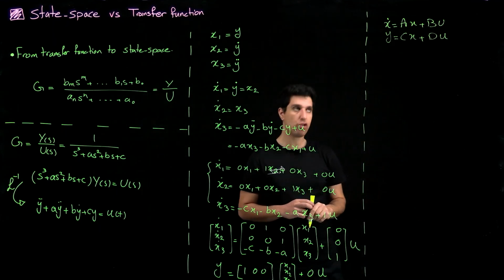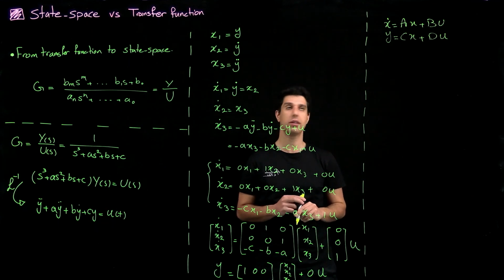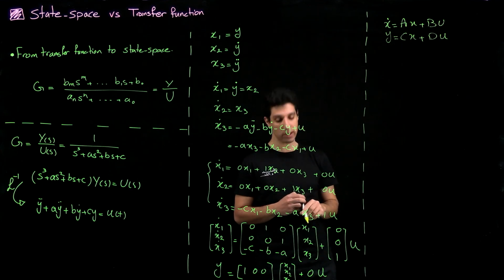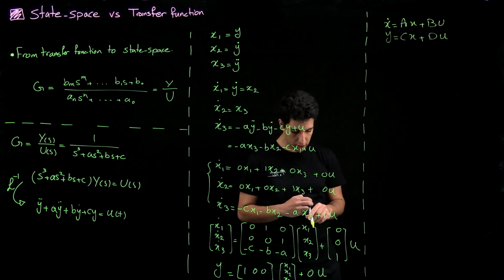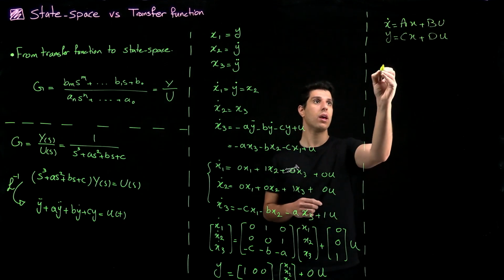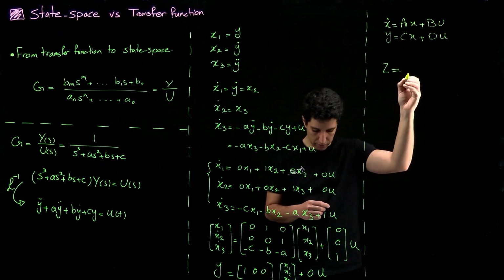So let me change my variable. Instead of working with state variables that are named x, let's change variable and use something called z. Here my z, I can define as a linear combination.